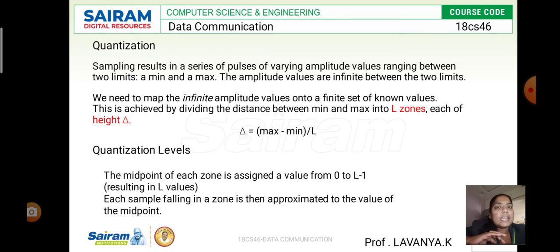I said that for quantizing also, each sample is going to meet specific horizontal lines, which we call the quantization levels.